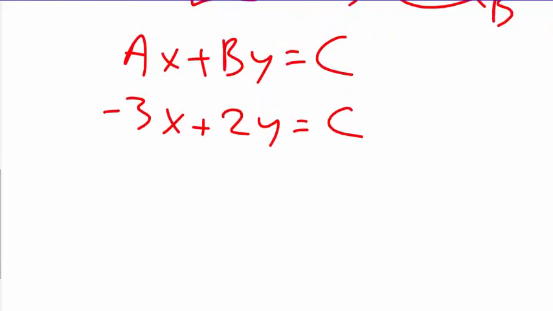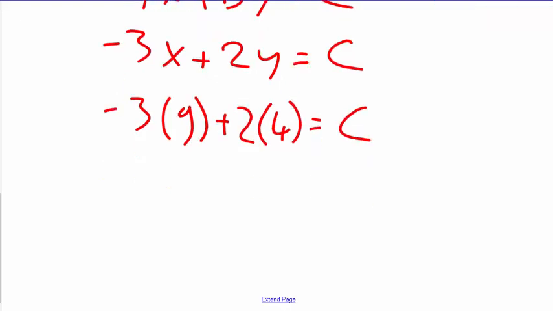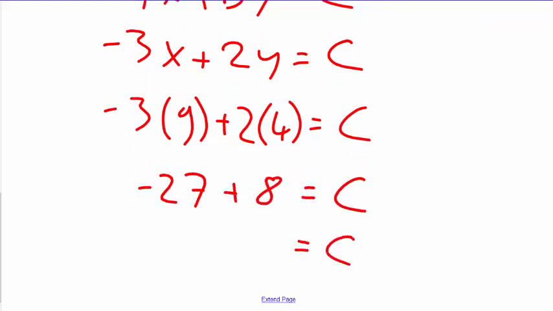We just practiced this previously. -3 times 9 plus 2 times 4 equals C. And what am I getting from this? -27 plus 8 equals C, and C equals -19.